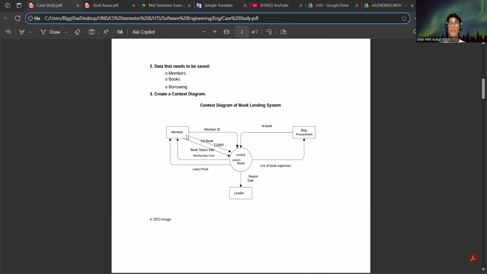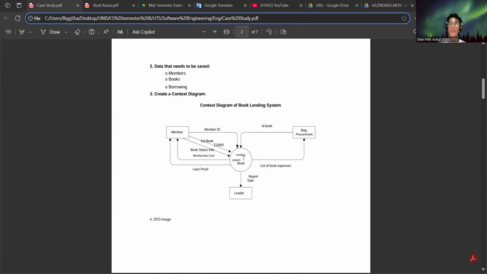If the member is new, we start registration. The member gets checked and after the member ID, with the member ID you can borrow the book.